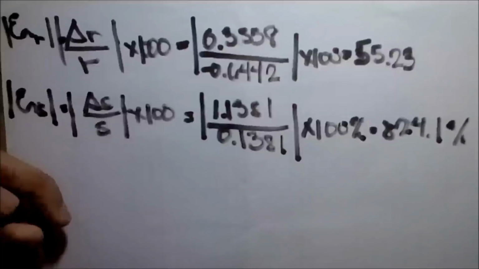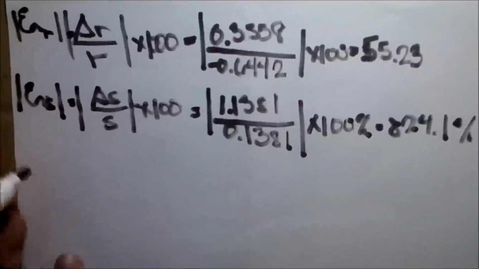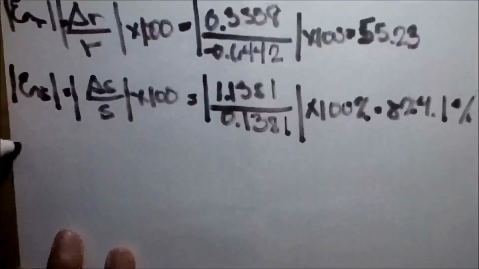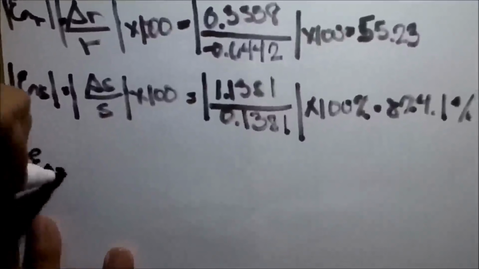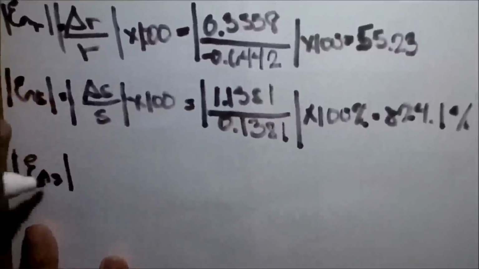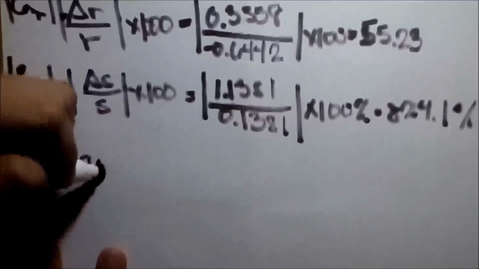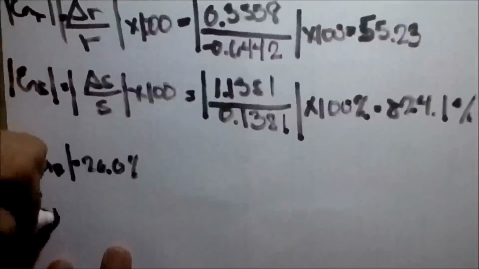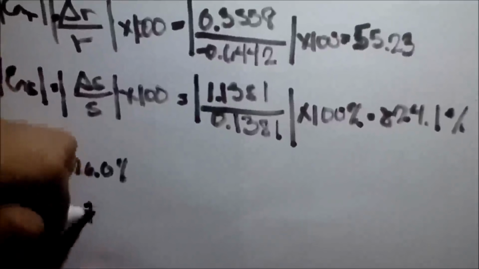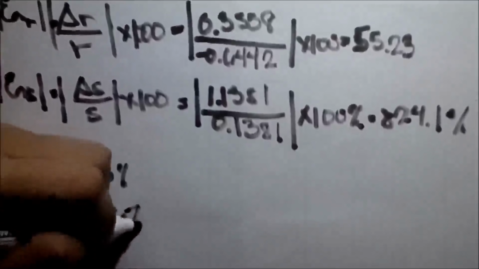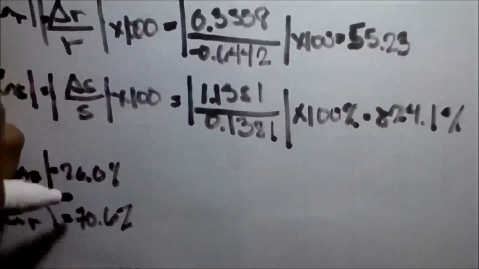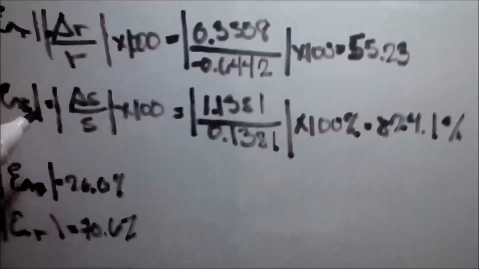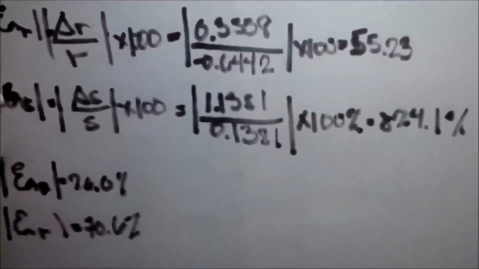After the second iteration, we get the E sub r will be 26% and E sub s will be 17.6%. But still, the error is big, so we iterate more.